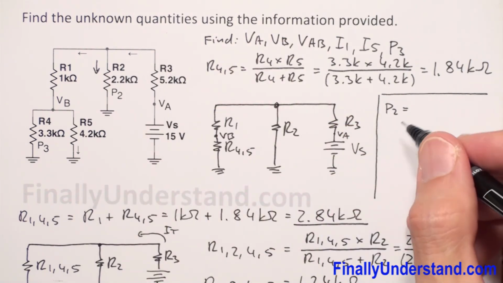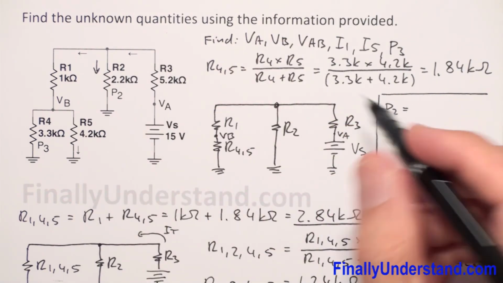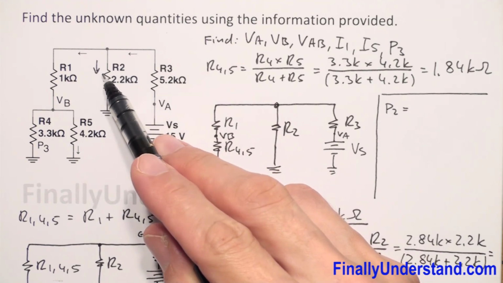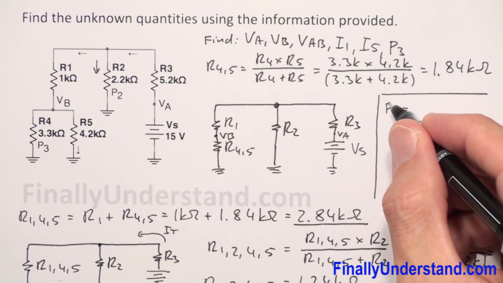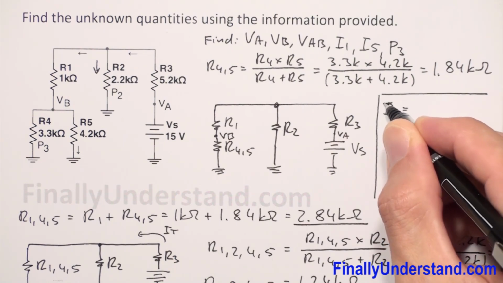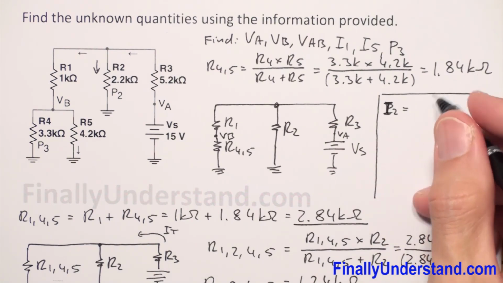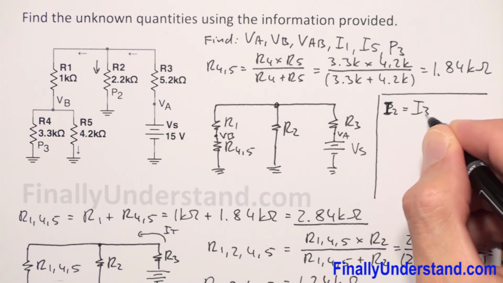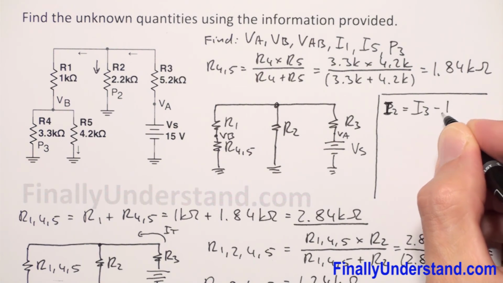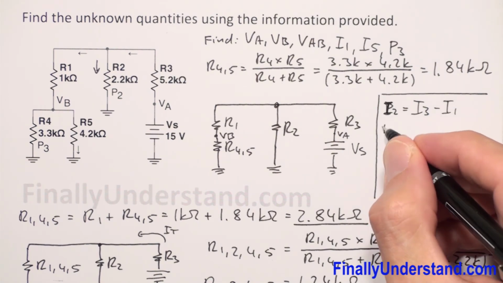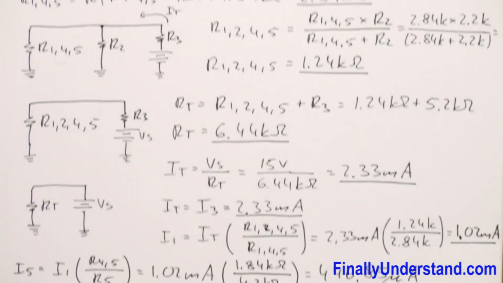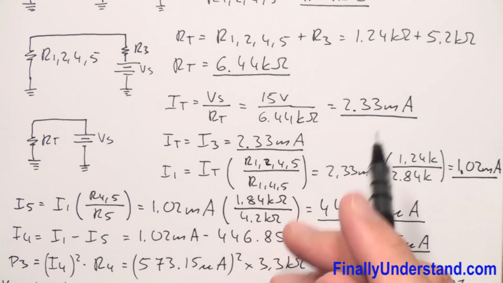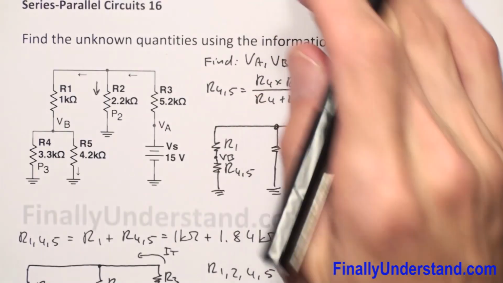In order to find P2, I'm supposed to find current I2. Let me write this down over here, so I can say this is going to be my I2. I2 is equal to I3 minus I1, where I3 is our I total, equal to 2.33 milliamps.